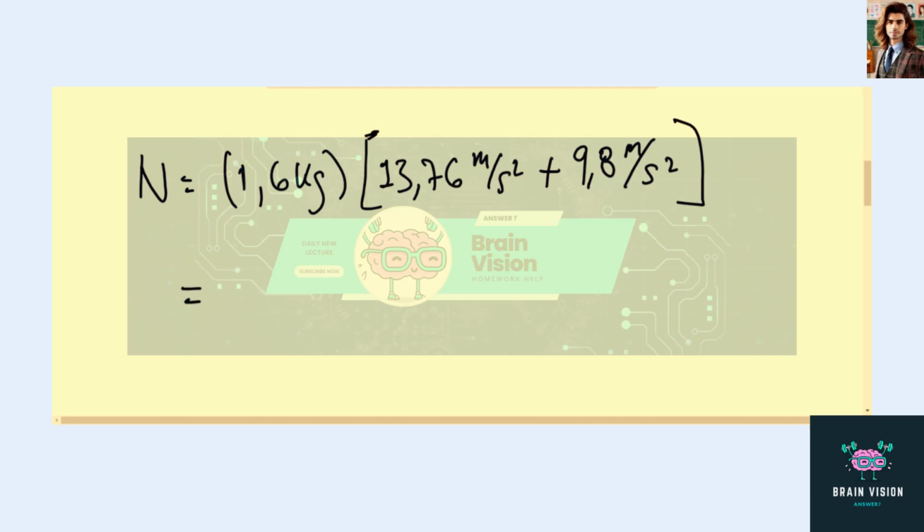Now putting this into the calculator, we obtain 37.7 newtons, and this is the force that the floor is exerting on the power supply because it is inside the rocket that is traveling with an upward acceleration.